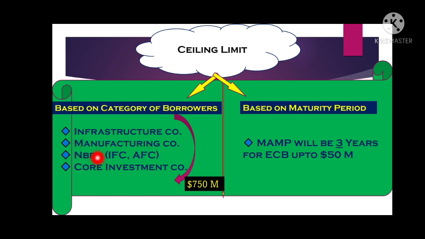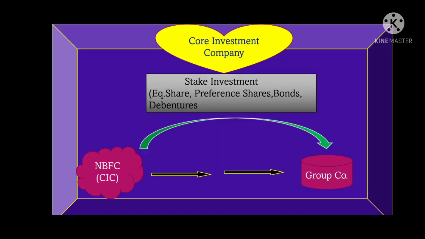Now we will talk about the NBFC, IFC, AFC. Before understanding this, first let's take the core investment company, right? CIC means the core investment company. It is one of the types of NBFC, right? So basically these companies are those which hold stake in group companies.